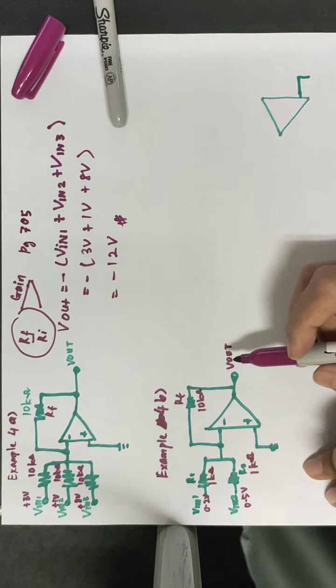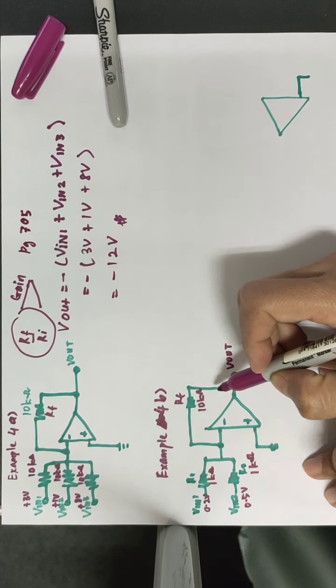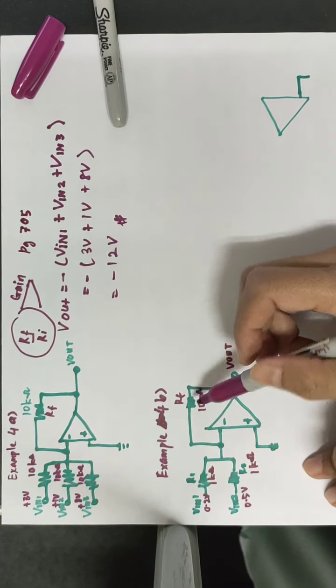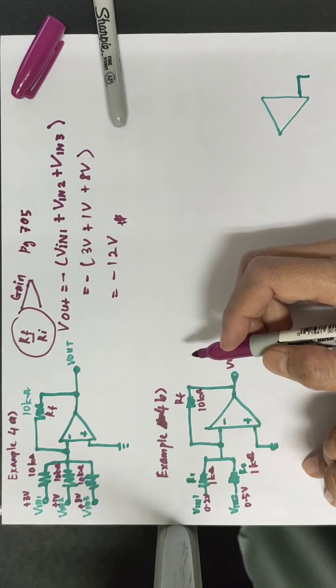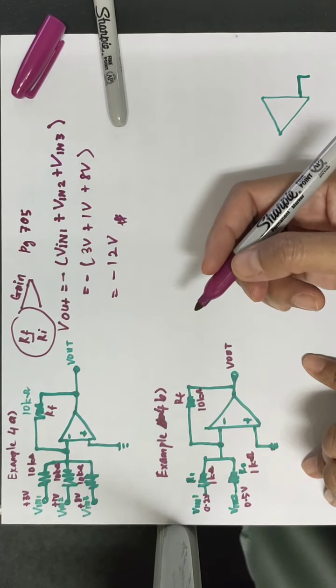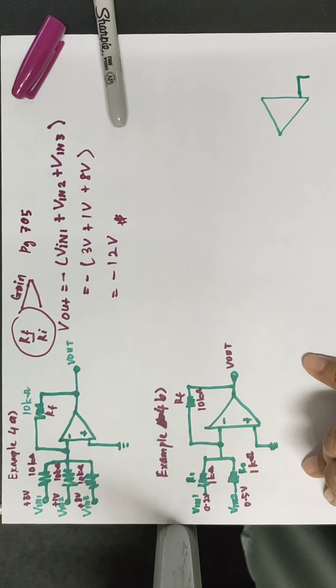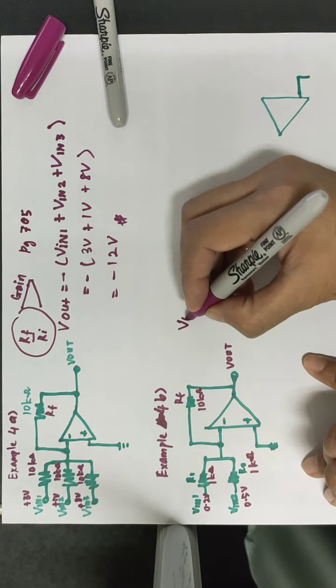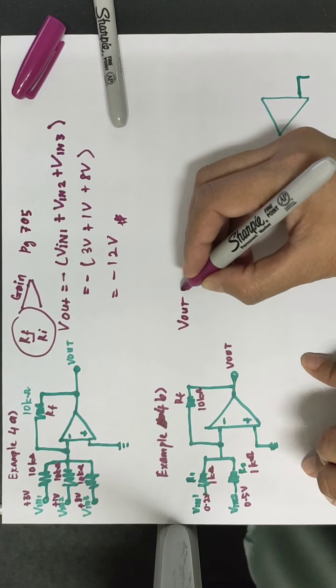Because the gain is greater, we will use the formula to get the V out.